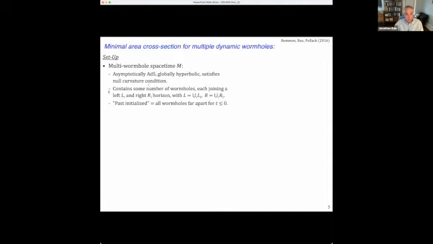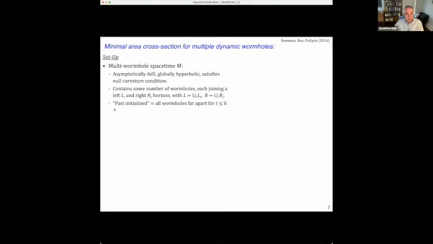And moreover, it's a multi-wormhole spacetime insofar as it contains some number of wormholes, each joining a left and right horizon, such that we can identify a region that consists of the union of all the left horizons and a region that consists of the union of all the right horizons.